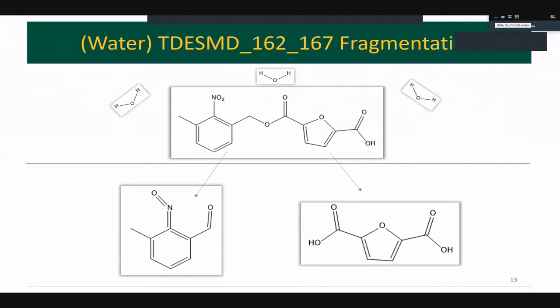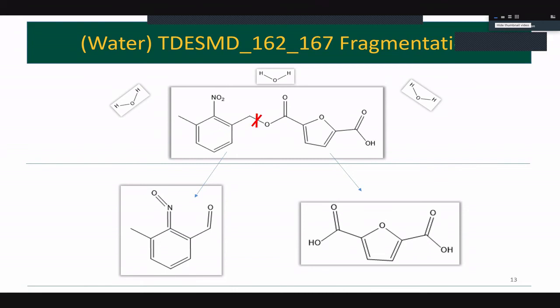I want to explain just on this slide the basic simulation, or rather the fragments that were produced by our simulation. In this case, we had focused on the orbital jumping from 162 to 167 with conformation 1, which was in water. And you can see we got two fragments that were shown at one point in our simulation.